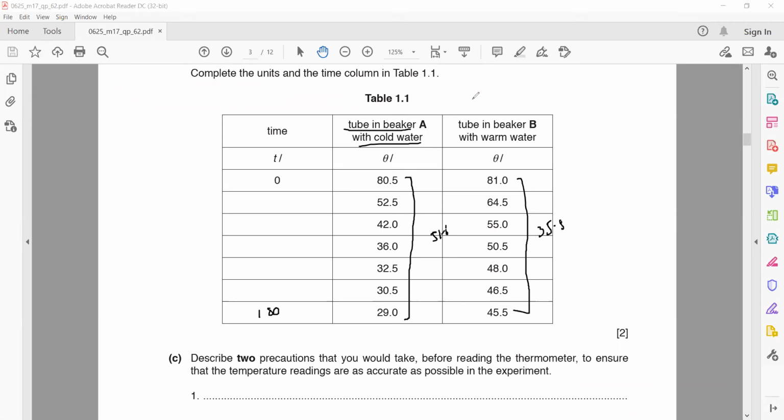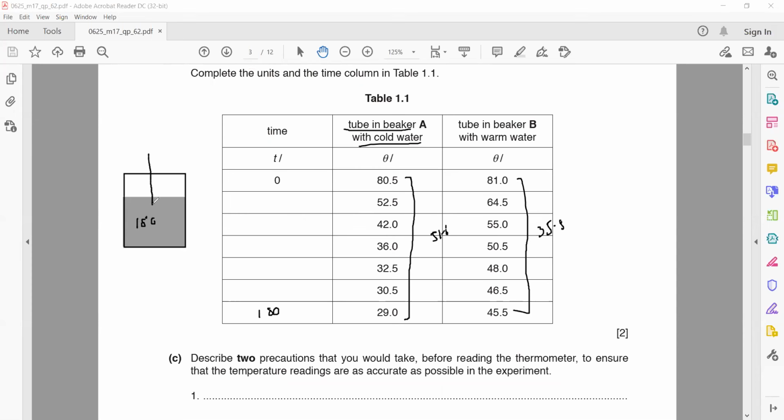And you can clearly see this, because when you have a container filled with cold water, for example, what was the temperature of the cold water? As you can see in the beginning, it was 18.